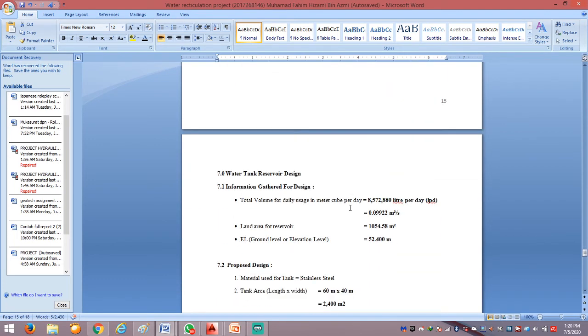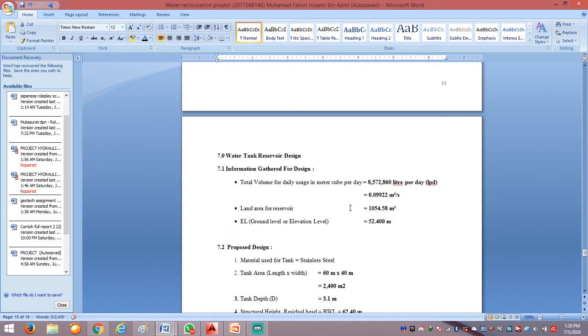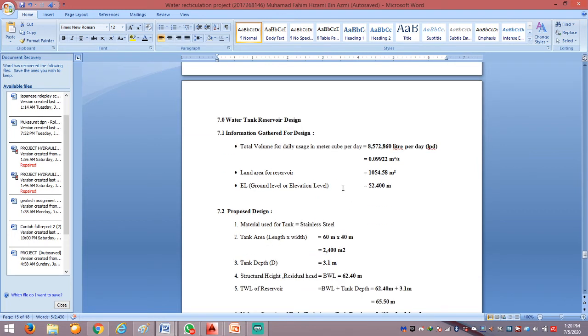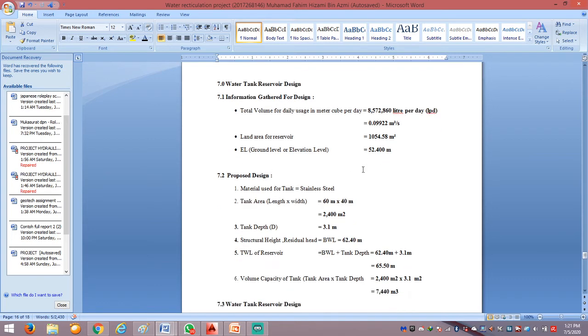So next is the water tank reservoir design. The information, the total volume usage that I calculated before is 8,572,860 liter per day. Then I convert to meter cube per second. This is my land area for the reservoir, and this is my elevation that I've been given.